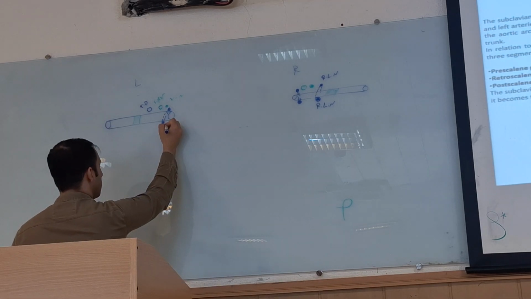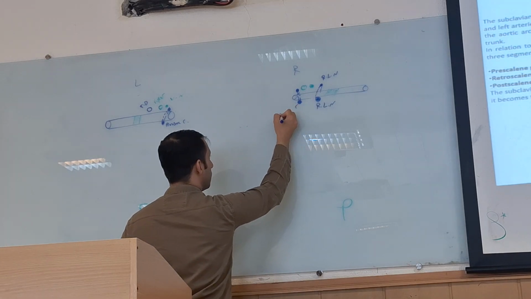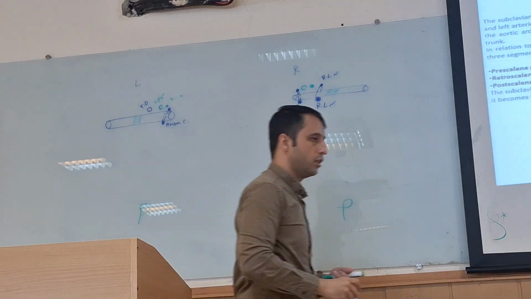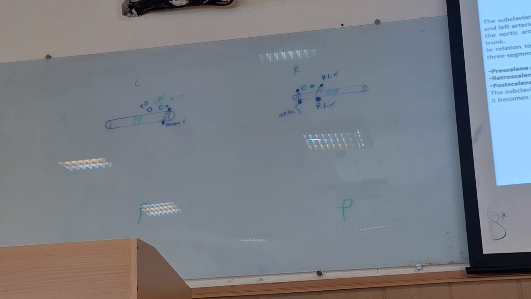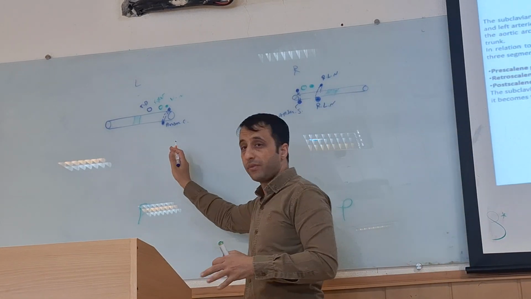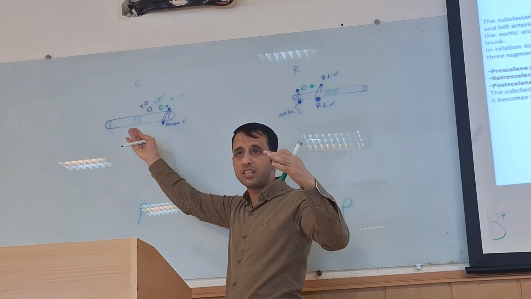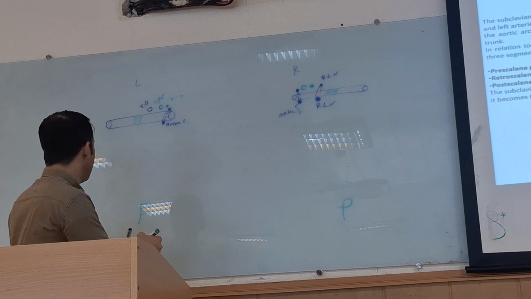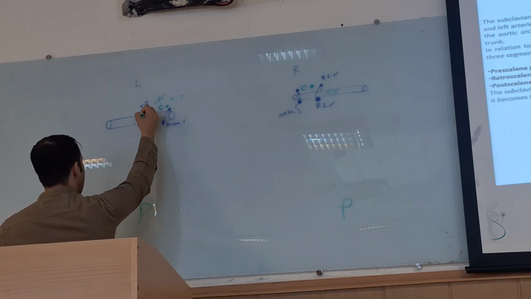Ansa subclavia. Okay, enough. So, the anterior adjacency of the first part: at this area I also have the phrenic nerve.